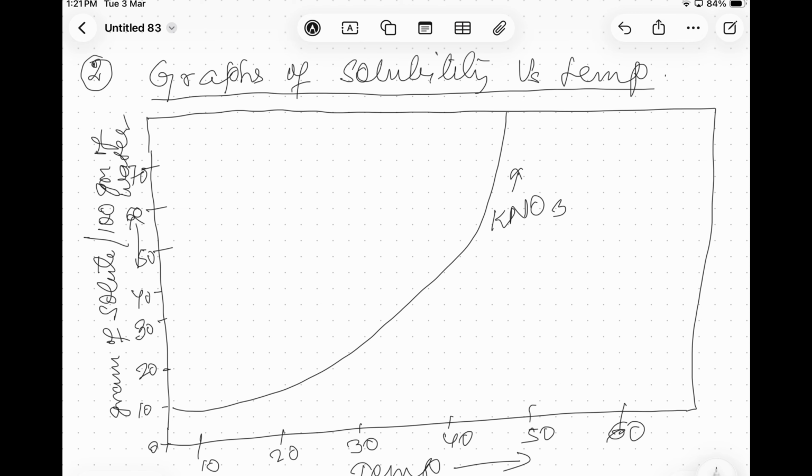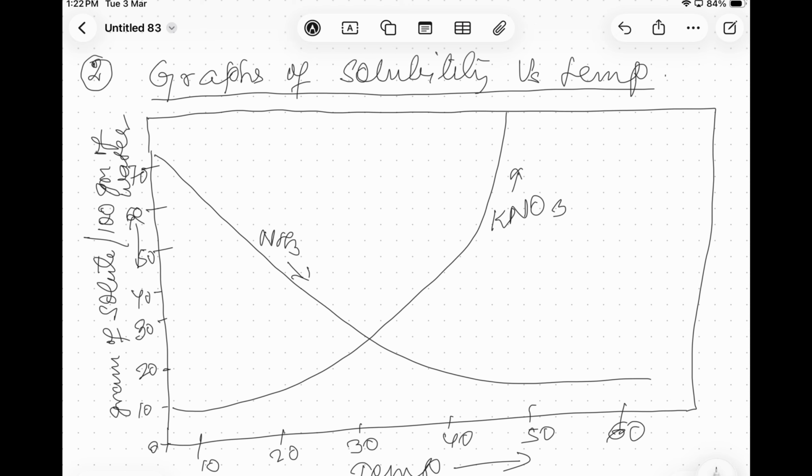Just take another example, that is ammonia. It comes in this way. Here it is case of NH3 gas, ammonia.